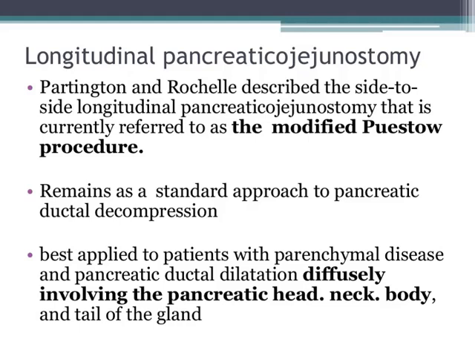Longitudinal pancreaticojejunostomy. Partington and Rochelle described the side-to-side longitudinal pancreaticojejunostomy that is currently referred to as the modified Puestow procedure. It remains a standard approach to pancreatic ductal decompression, best applied to patients with parenchymal disease and pancreatic ductal dilatation, decompressing the pancreatic head, neck, body, and tail of the gland.